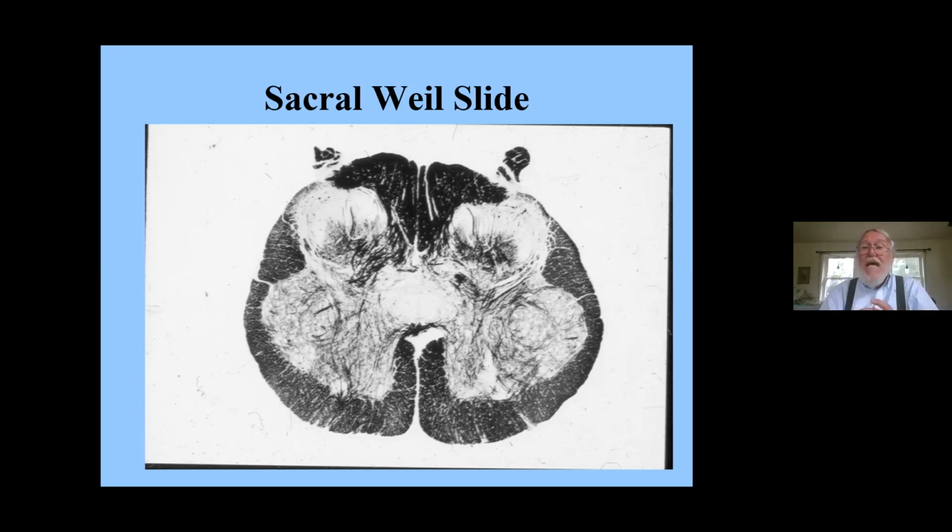So you're synapsing in the base of the ventral horn or on the alpha and gamma motor neurons, and then that output goes and then moves a particular set of muscles.